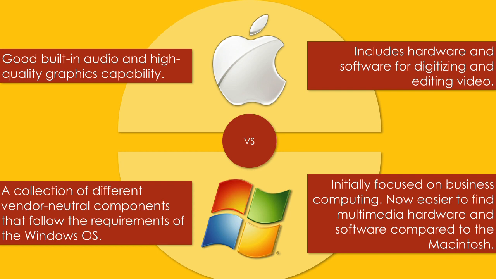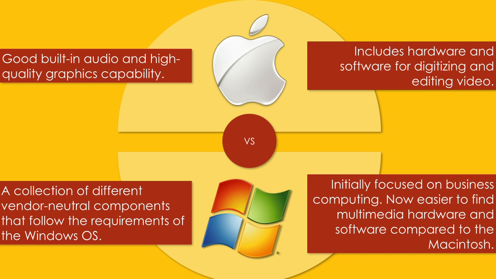However, Apple assembles and sells its own hardware to customers, whereas Microsoft licenses its Windows operating system to other vendors such as Dell and Lenovo, who make their own hardware.